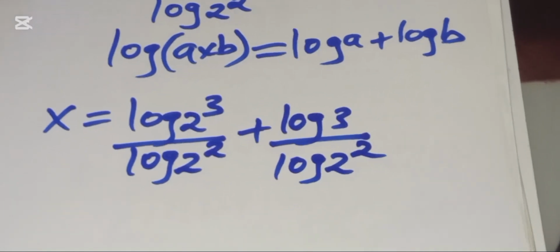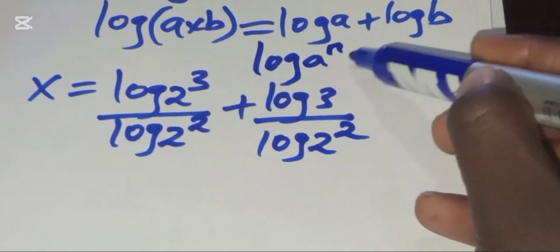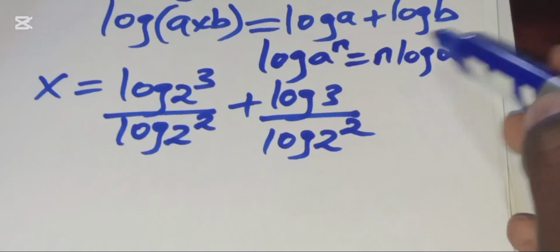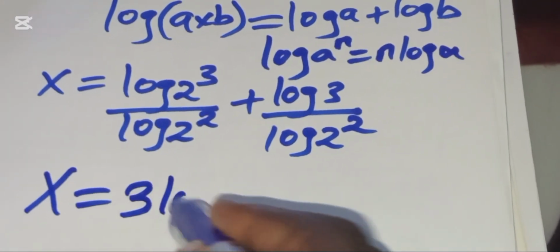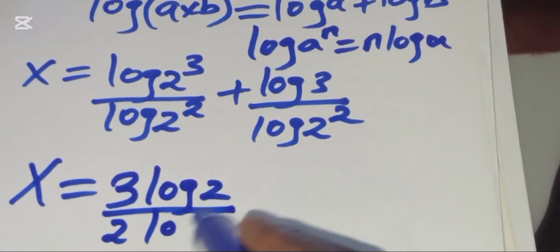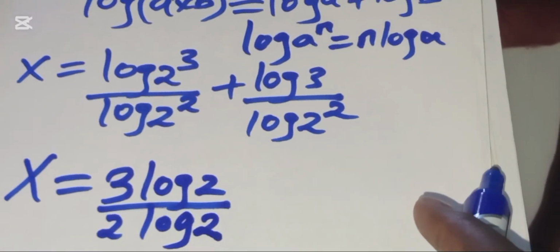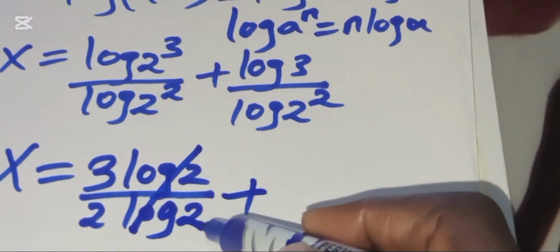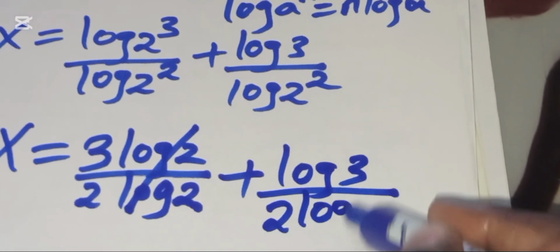Now applying the power rule property of logarithms, that is, log a raised to power n can be expressed as n log a, we have x is equal to 3 log 2 divided by 2 log 2, plus log 3 divided by 2 log 2.